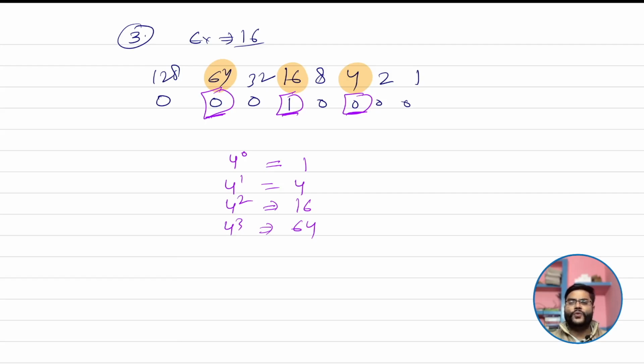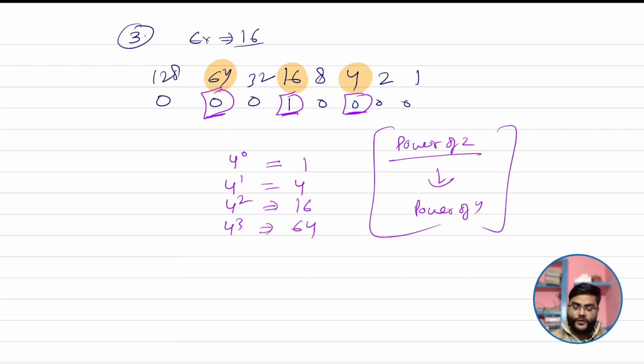If it is not a power of 2, it cannot be a power of 4. So first it should be a power of 2, then only we'll check. Why? Because see, 0 is not a power of 2, right? So it could not be a power of 4. That is my first condition.